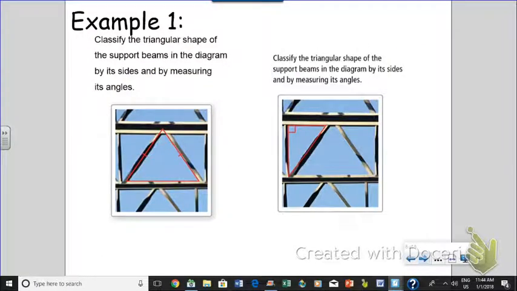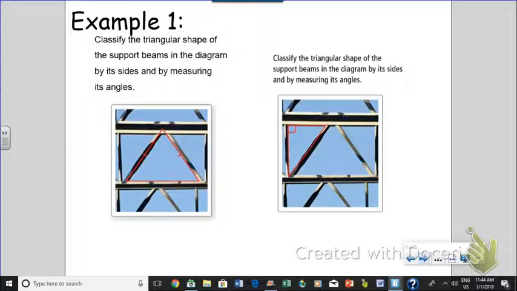Example. Classify the triangular shape of the support beams in the diagram by its sides and by measuring its angles. I have two different types of triangles, so we're classifying the triangle by sides and angles.